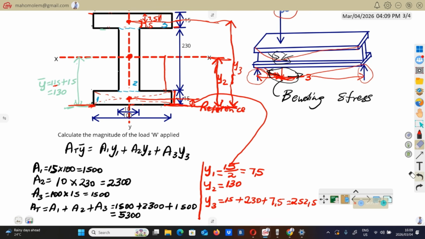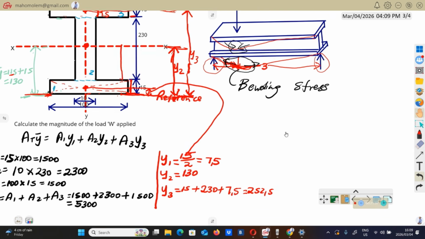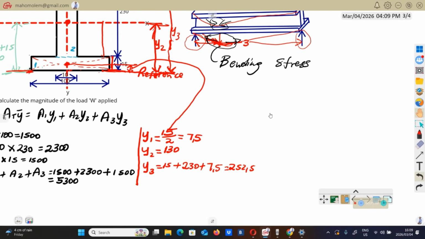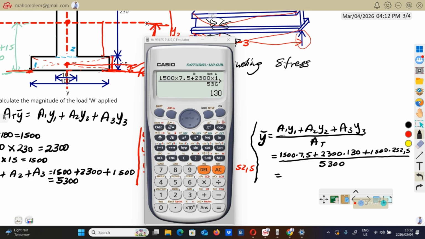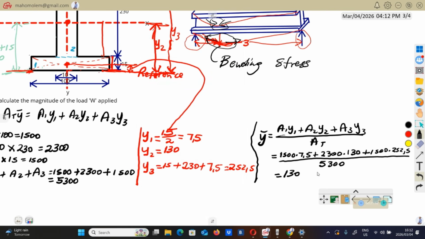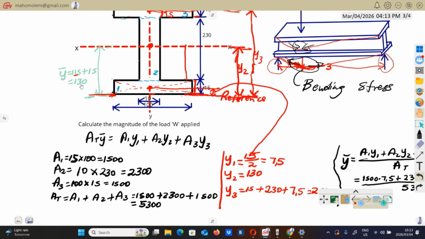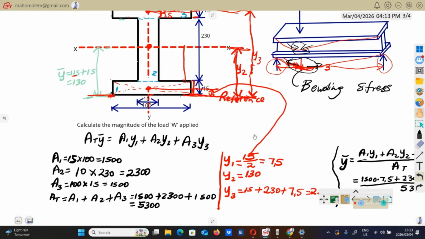Now let's substitute into this formula here. Yeah, so our answer now is 130, which is the same as this one, as I've said before, it's y bar.